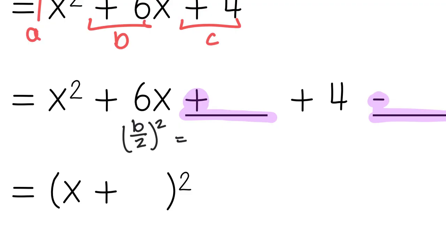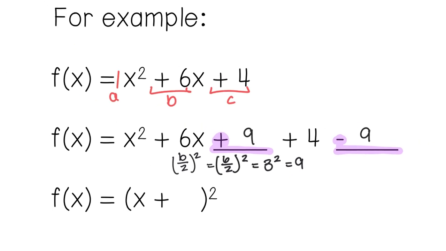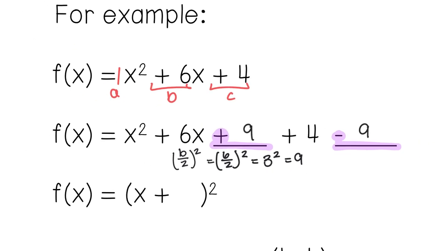We know what our b is. Our b is 6, so 6 over 2 squared gives me 3 squared, and that gives me 9. Next, complete the square. That's what I did.